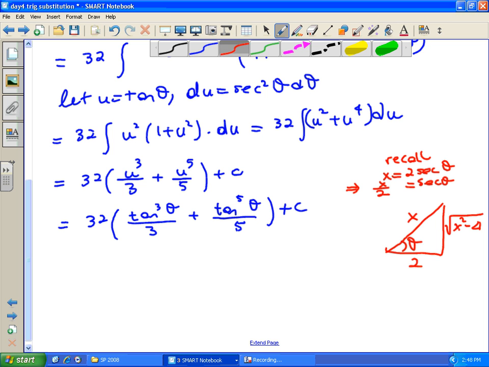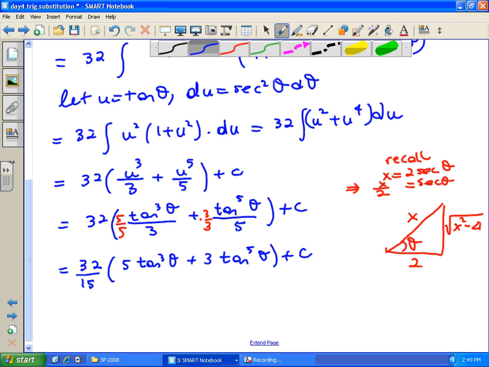Okay, what we need right now from this triangle is, first of all, tangent theta. As a matter of fact, to make things a little bit easier, I will first get common denominators in here. So multiply this top and bottom by 5, and this top and bottom by 3, and factor out a 15 from the denominator. So that leaves us with 5 times tangent cube of theta plus 3 times tangent to the fifth of theta.